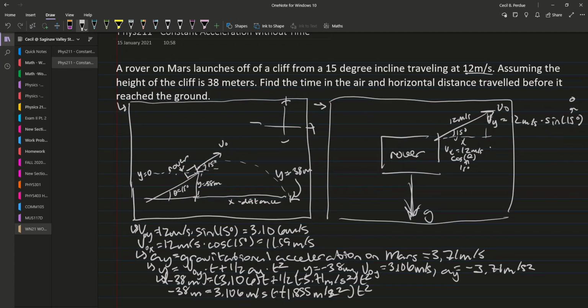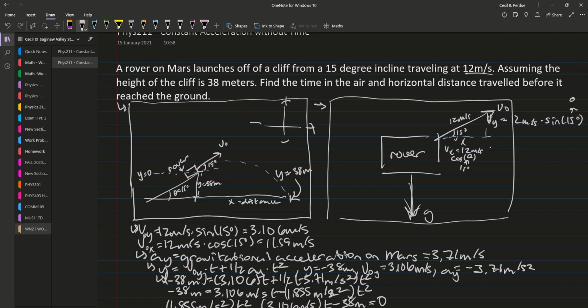Now we're going to want to put everything to one side. I want to get rid of this negative value here, and in order to do so, I'm going to have to add everything over to the left side. So then we're going to have 1.855 meters per second squared t squared minus 3.106 meters per second multiplied by t minus 38 meters is equal to 0.